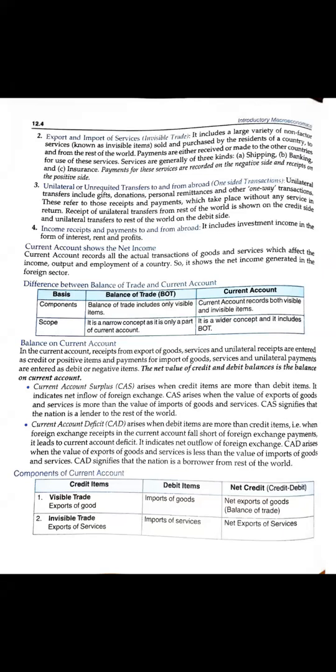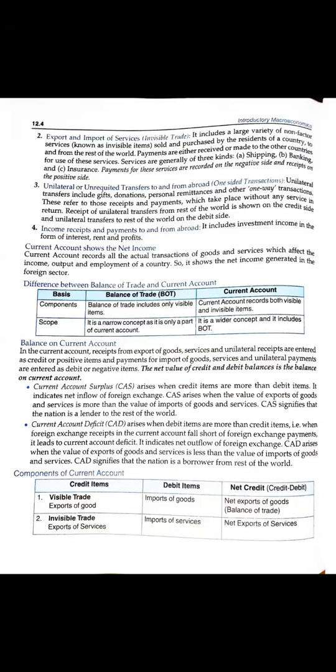What about a deficit? A shortage. So when the current account is in surplus, you can see the net value of debit and credit, that is called the balance on current account.